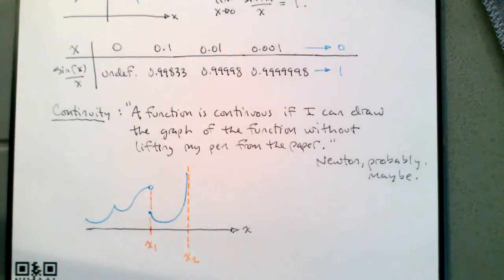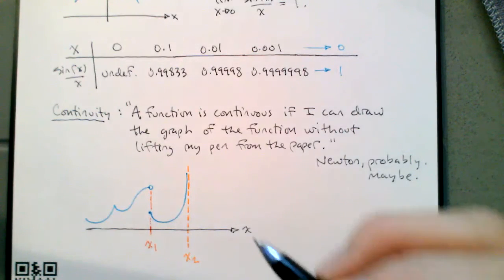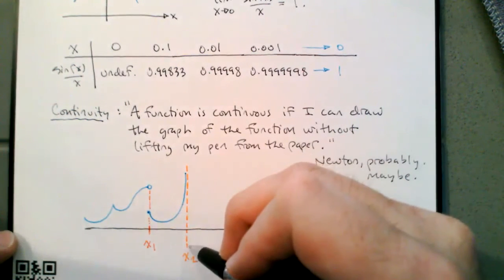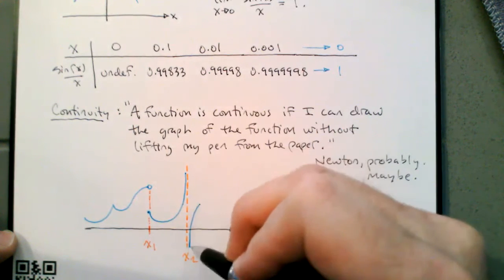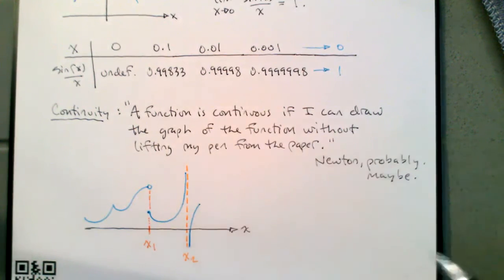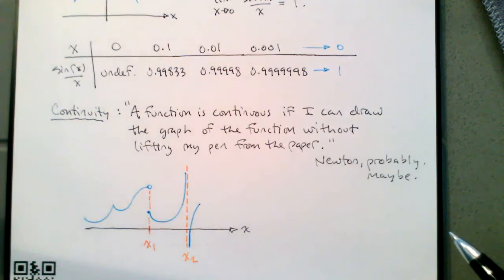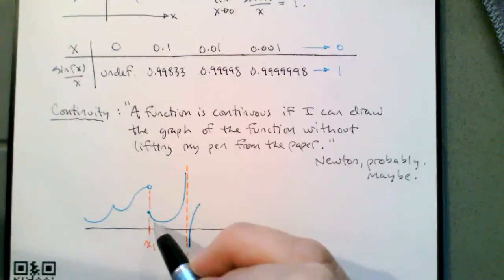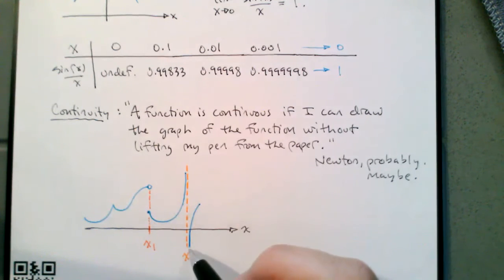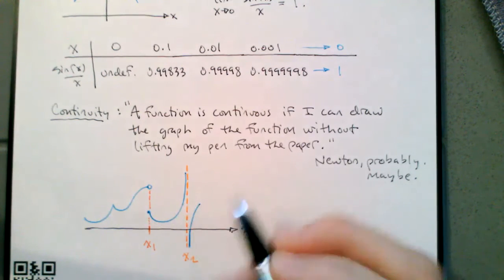On the left side, the function heads off towards infinity, and then on the right side, the function comes back from negative infinity. Once again, this fits, because the function's discontinuous at x2: we had to lift our pen up to start it back down here and continue on.